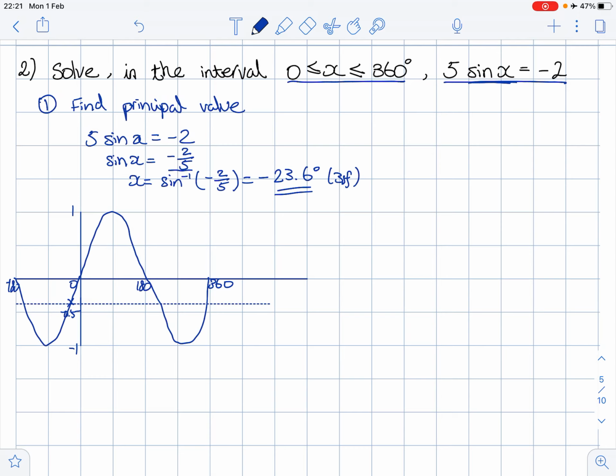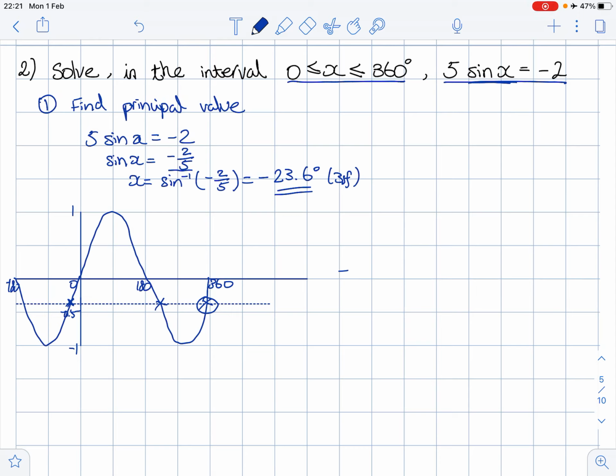But I'm not interested in this point. I'm interested in my values here between 0 and 360. So I want to find those two values here. I can find this value first because I know my curve repeats every 360.